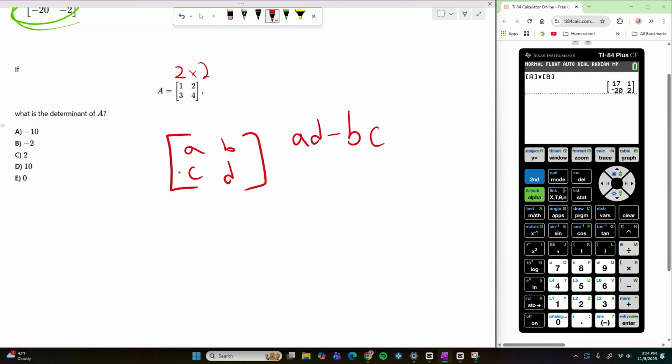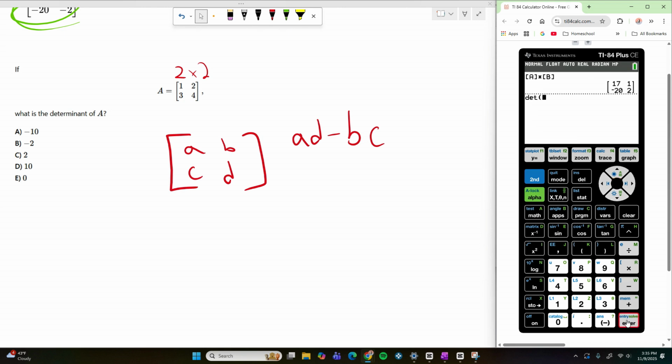But you can also just plug it into your calculator. If you go to second math, second matrix, you go to edit, make it a 2 by 2, plug in 1, 2, 3, 4. You go to second quit, go to matrix, you go to matrix math, and DET is determinant.